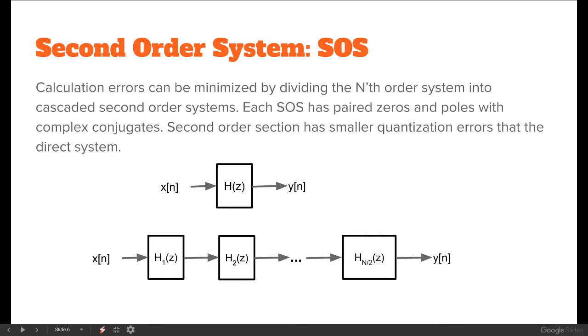So you can make systems 1, 2, and 3 by taking pairs of pole and zero as the defining parameters for the system.